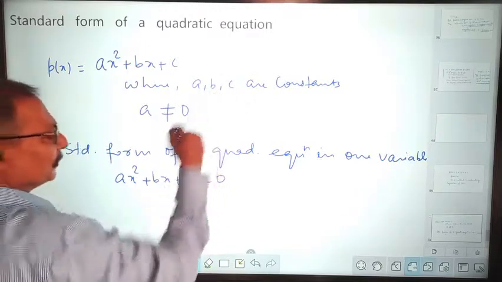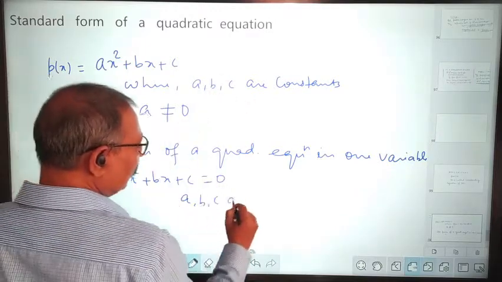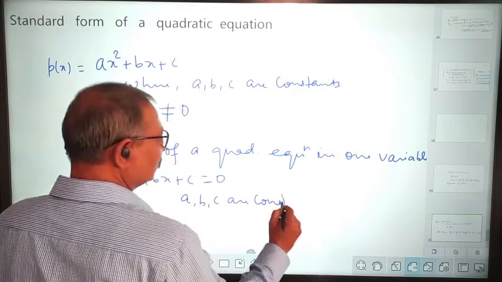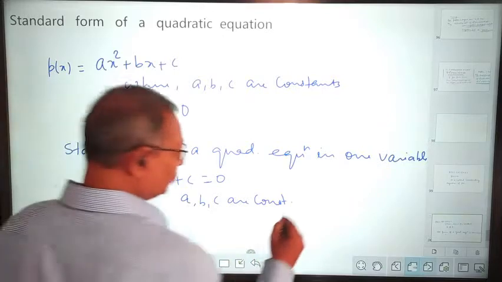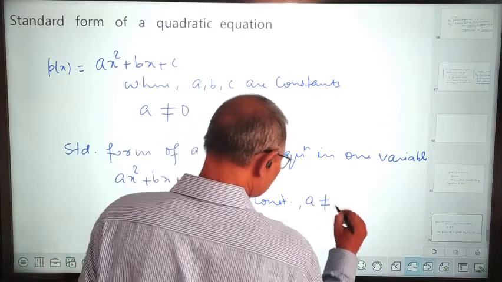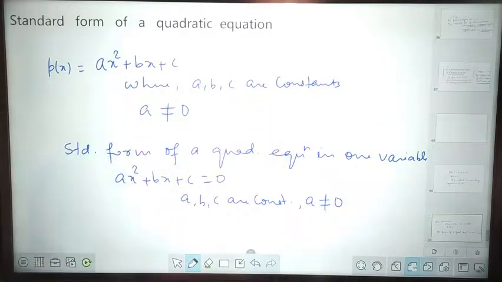Clearly, as we have written here, a, b, c are constants, and the leading coefficient, that is a, the coefficient of the highest degree term, is not equal to 0. So this is the standard form of the quadratic equation.